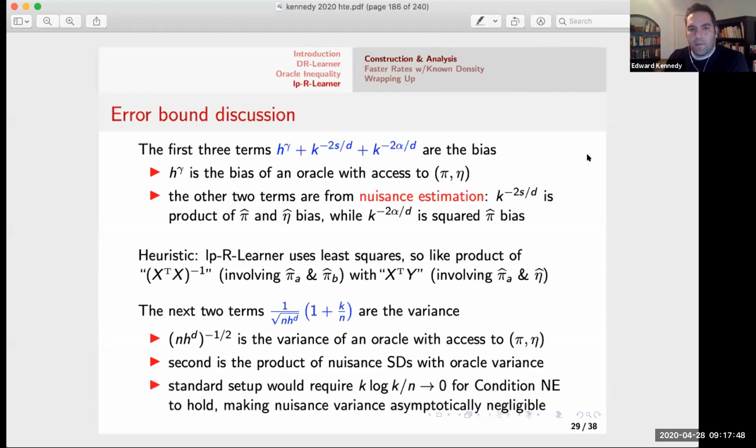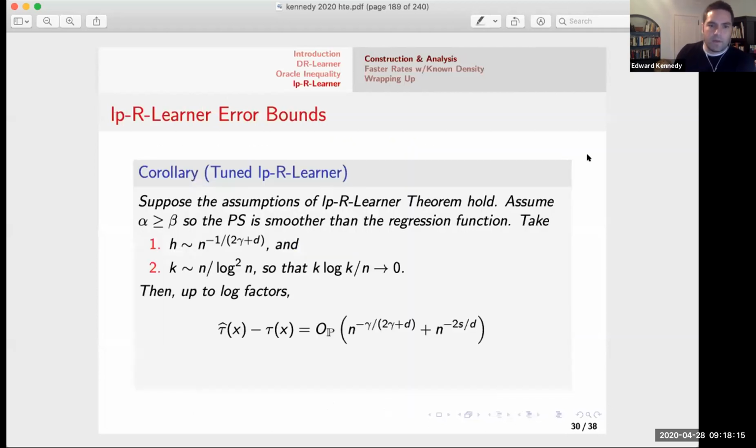So it turns out that this variance contribution from the nuisance estimation is typically going to be lower order in standard settings because we need to take that tuning parameter in the nuisance setup k to be less than n. And so that immediately sort of tells you that the way to optimize this procedure is to undersmooth as much as possible to drive down the bias of the nuisance estimation, because up to order n, it doesn't actually affect the variance.